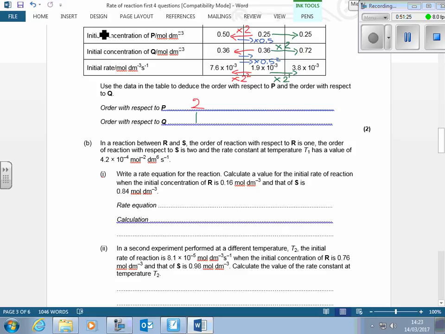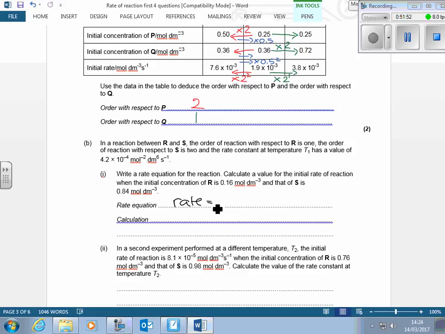The rate equation, rate equals, what we were told, the rate constant at temperature T1 has a value of 4.2 times 10 to the minus 4 mol to the minus 2 dm6 s to the minus 1. Well, that goes with the overall order anyway.